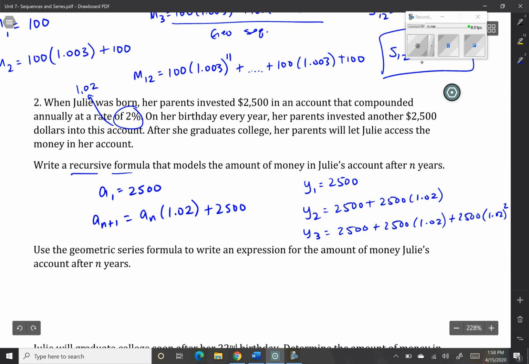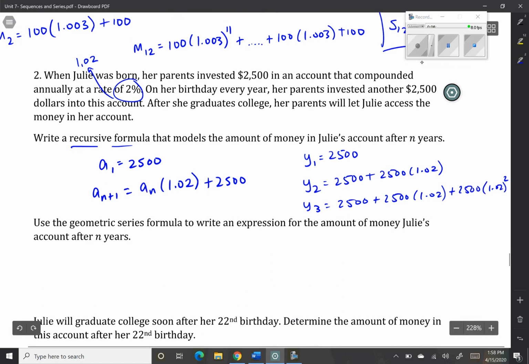And that sequence is going to go on and on and on forever. So if I wanted to write an expression in terms of n for the number of years, we would say S sub n is equal to the initial amount of money minus the initial amount of money times the common ratio, 1.02, to some number of years, n, all divided by 1 minus 1.02.